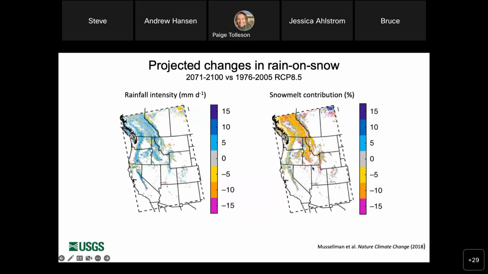On the right is the percent of snowmelt contribution to runoff. So in the GYE, it's a very mixed signal. There's more coming from the high elevations, as I showed, less coming from the lower elevations as we transition out of the current snow and rain situation.